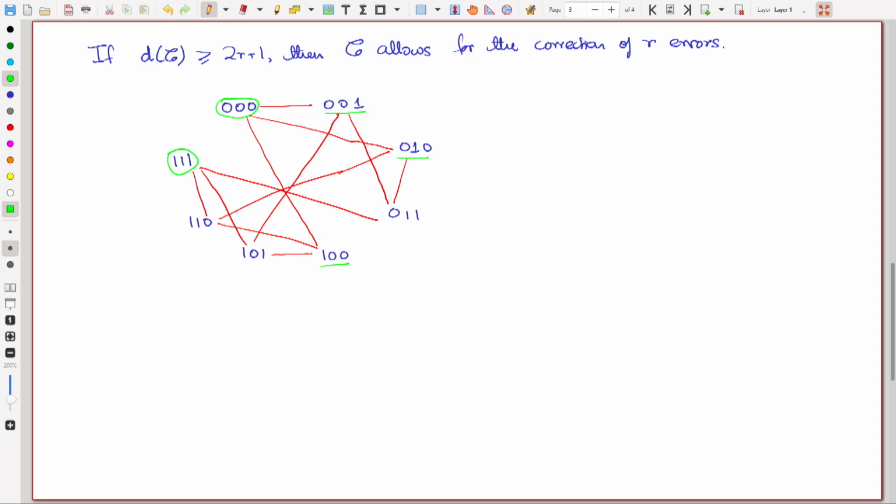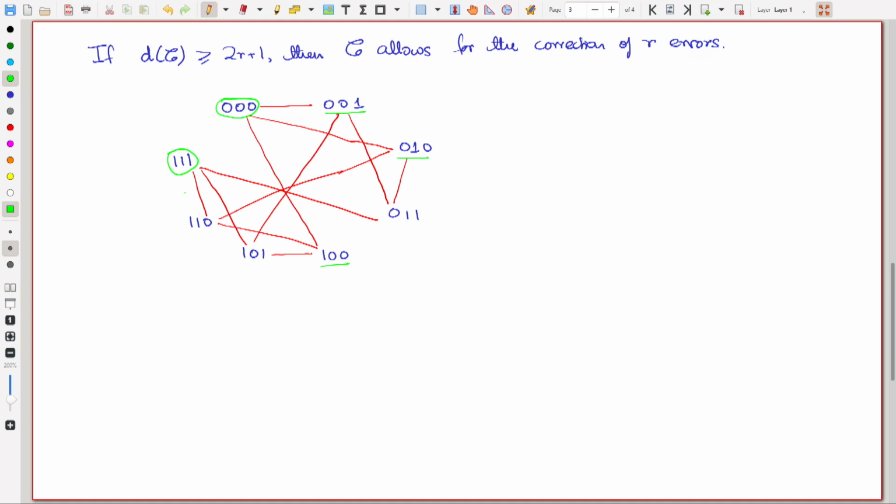That means the Hamming distance between two nodes is the number of edges you have to traverse to go from one node to the other. So, the Hamming distance from 000 to 111 is 3, because any path going from here to here will go 3 steps at least. You cannot find a path which takes 1 step, right.